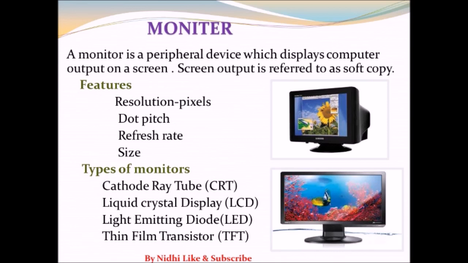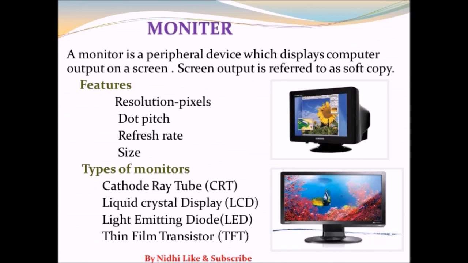Color is achieved by a combination of red, green, blue shades of different intensities. CRT monitors are bulky and occupy a lot of space. They are available in various sizes: 14 inch, 15 inch, 17 inch, 21 inch. A CRT monitor still has better contrast ratio and viewing angles than any other type of computer monitor.